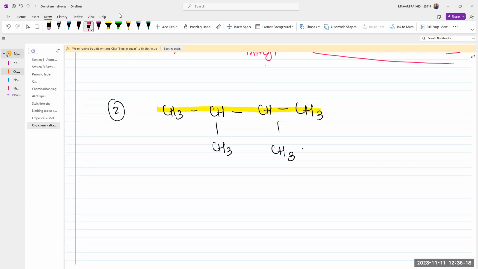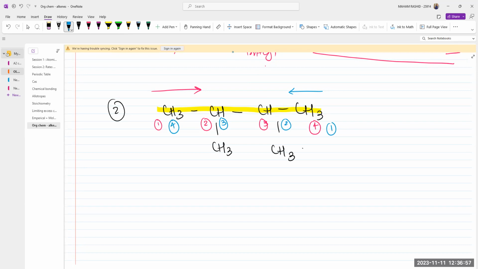What's the second step? The second step is that you start numbering from the side that has the functional group or the substituent attached nearest to it. If I start numbering from the left side, or I start numbering from the right side, which side should I use?